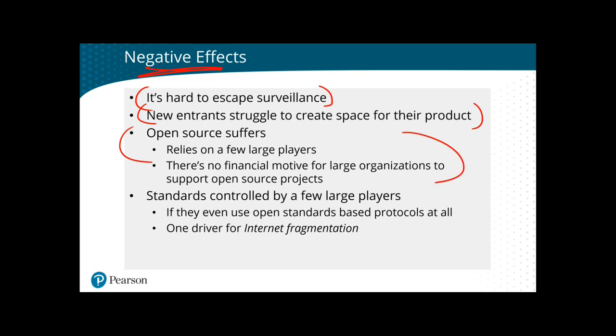Open source suffers. This is something I personally deal with a lot because I'm a maintainer for an open source routing project, FRRouting. We rely on a few large players, and there's very little financial motive for large organizations to support these projects. And standards, the IETF and ITU and so on, tend to be driven by a small number of companies.